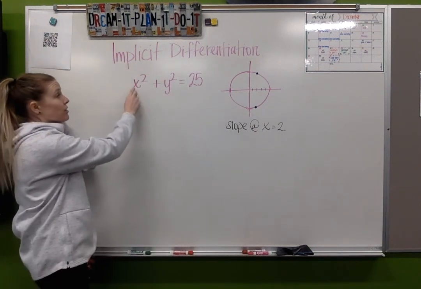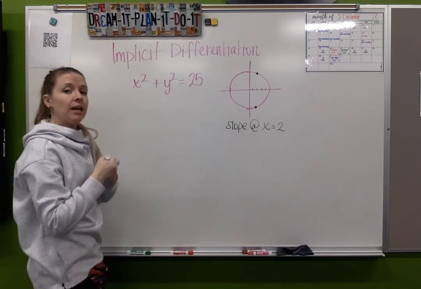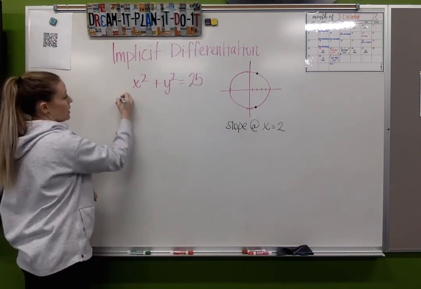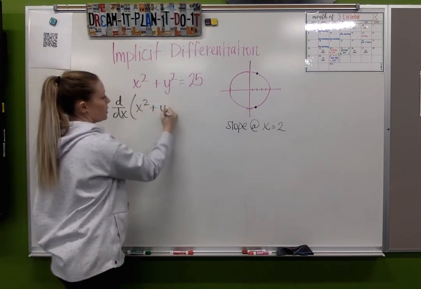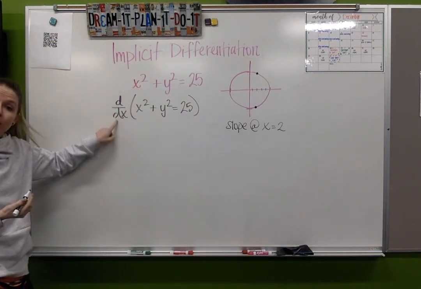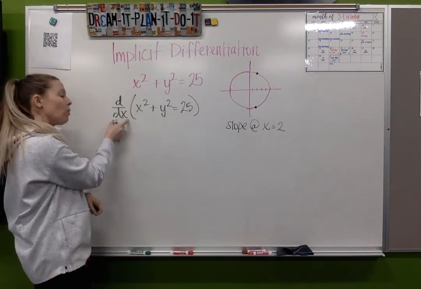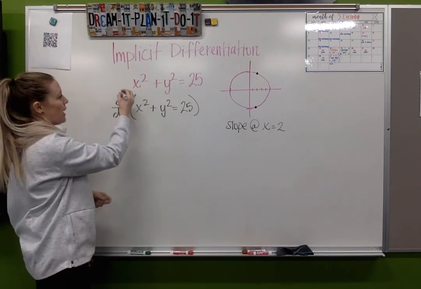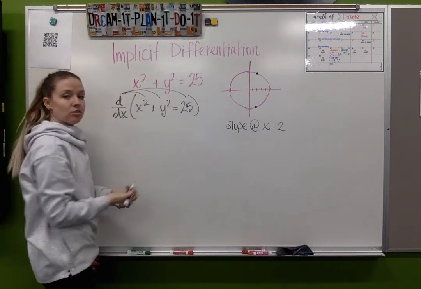If we're going to take the derivative of x squared plus y squared equals 25, if you remember the notation, d dx of x squared plus y squared equals 25. What we can do is treat this like multiplication, and we're going to distribute that derivative in.